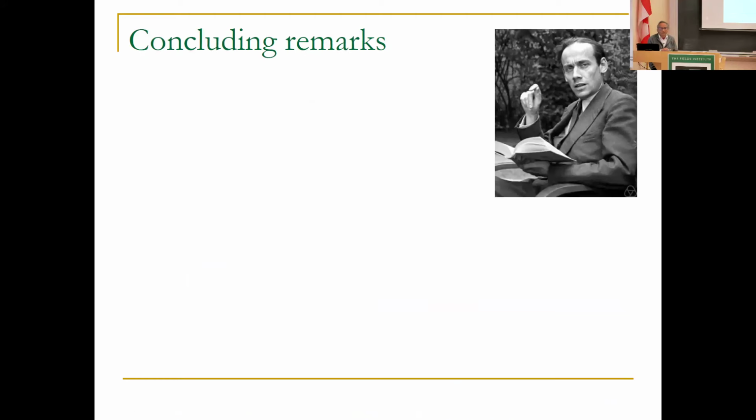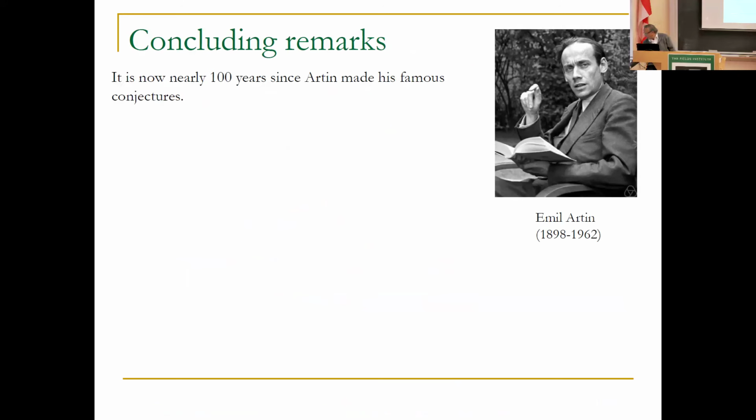So, concluding remarks. Coming back to Emil Artin, it's now nearly 100 years since Artin made his famous conjectures, and I hope I've convinced you that these conjectures are very interesting and very beautiful, and they are interconnected. One of the conjectures is so simple that a high school student can understand it. The other conjecture is so complicated that nobody can.